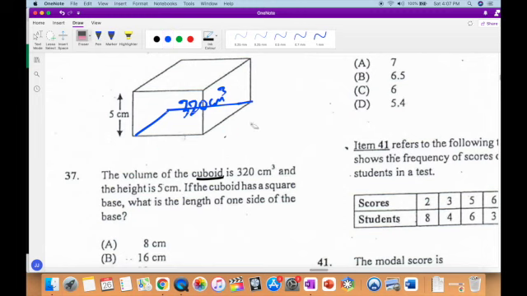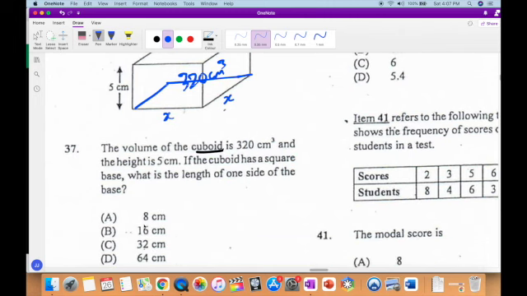And I could use x if you want. Because it is a square base, it means x and x, right? What is the length of one side of the base? Well, the volume is length by breadth by height. So that is x times x times 5, and that is equal to 320. So that means that x squared times 5 is equal to 320. And x squared is going to be 320 divided by 5.